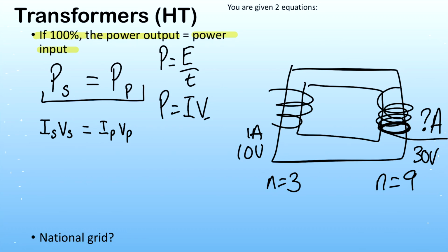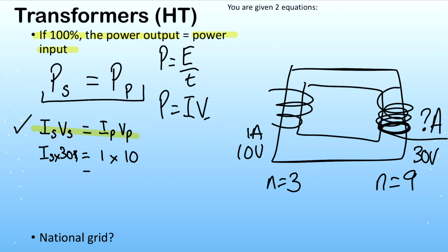So using the same equation as we just wrote down, we could expand this. So again, remember that you get a mark for writing the correct equation, you get a mark for then substituting correctly. So we don't know the current for the secondary, but we do know the voltage, which is 30. 30 times IS is equal to 1 times by 10.